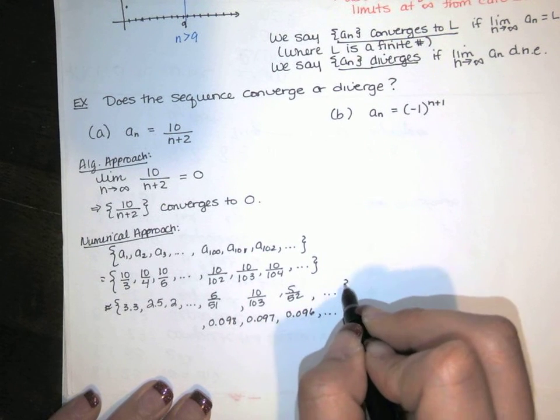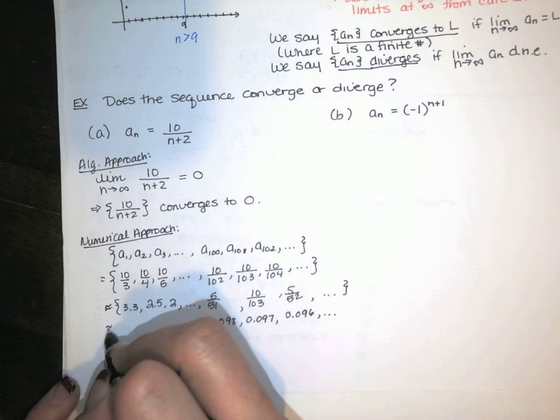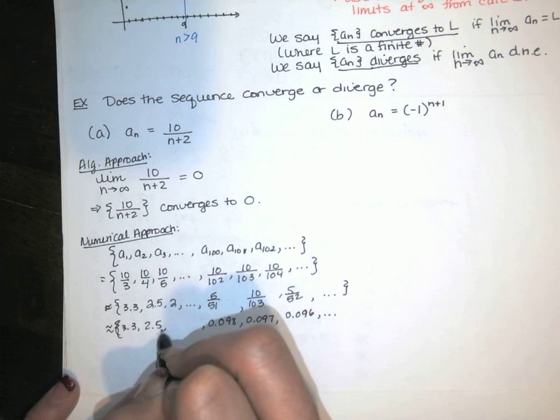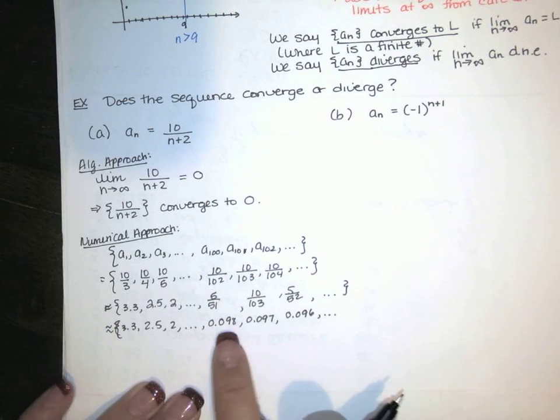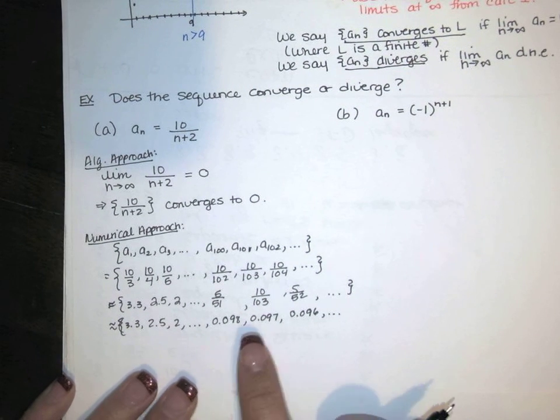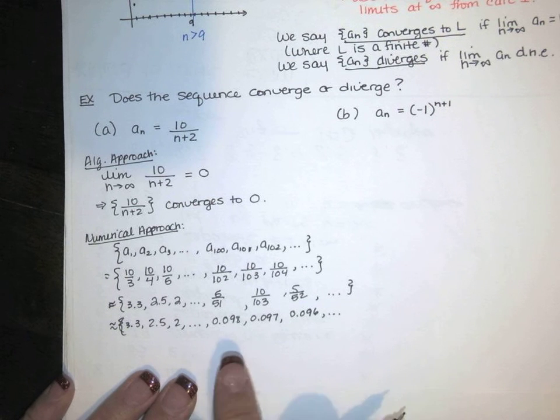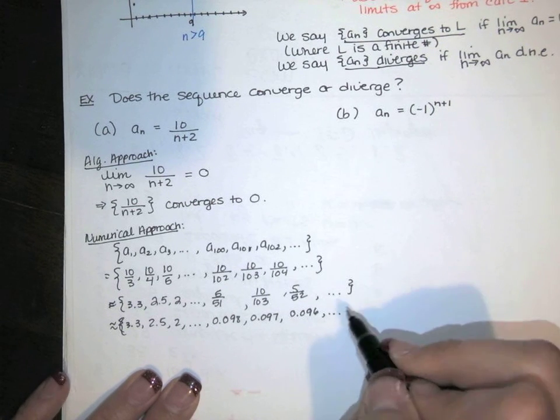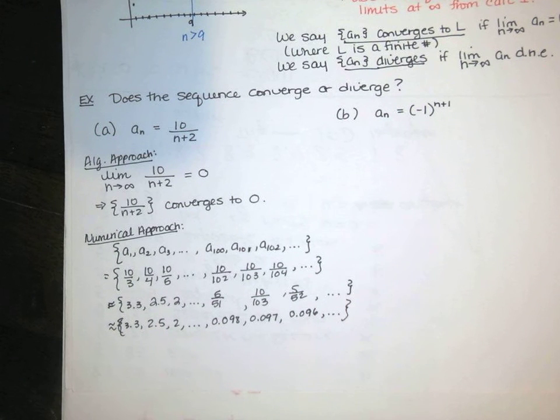And we've got this. Now you might think from this list that maybe this limit is 0.1 or something like that. But notice that they keep getting smaller. It's not clear from the list, from the numerical approach, but they do seem to be getting smaller. I've got 3 1/3, 2 1/2, 2. Eventually I'm getting these little tiny decimals that are close to 1/10.